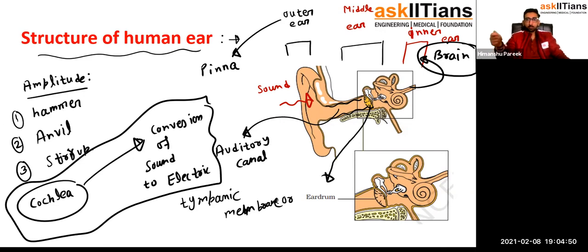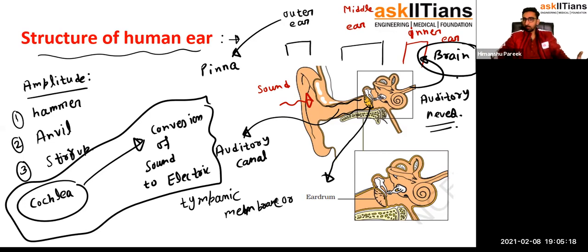Before it passes to the brain, the inner ear will be converting those sound waves to electric signals, and once it is converted into electric signals, our brain will process that information. And how does it go to the brain? With the help of auditory nerves. And who converts them into electric signals? Something called the cochlea.